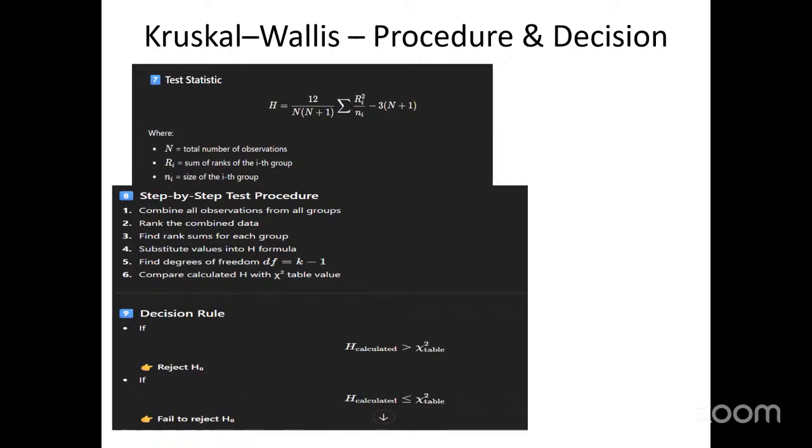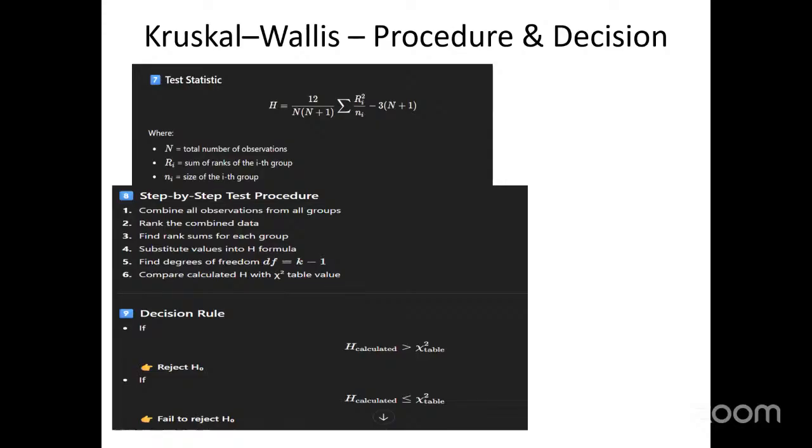It might happen that at least one population is different, for which we have to accept the alternative hypothesis. But we are not aware for which population the null hypothesis is getting rejected, right? So we have to deal with the post hoc test, that is, the Mann-Whitney test.